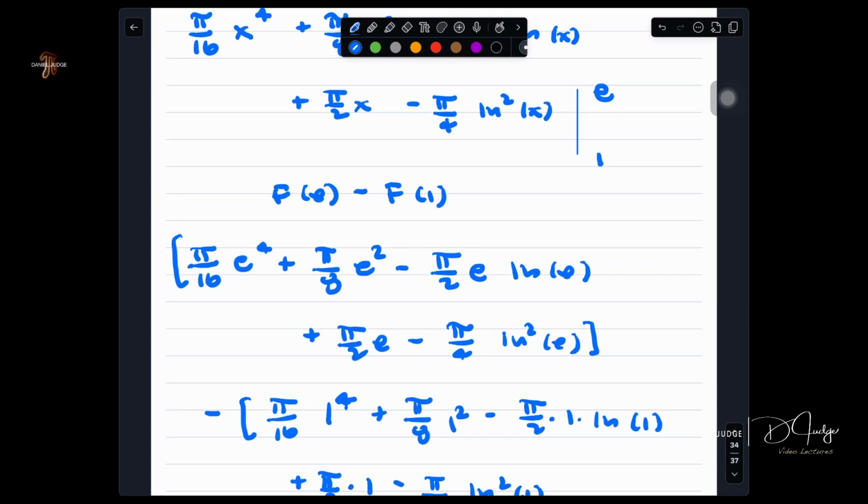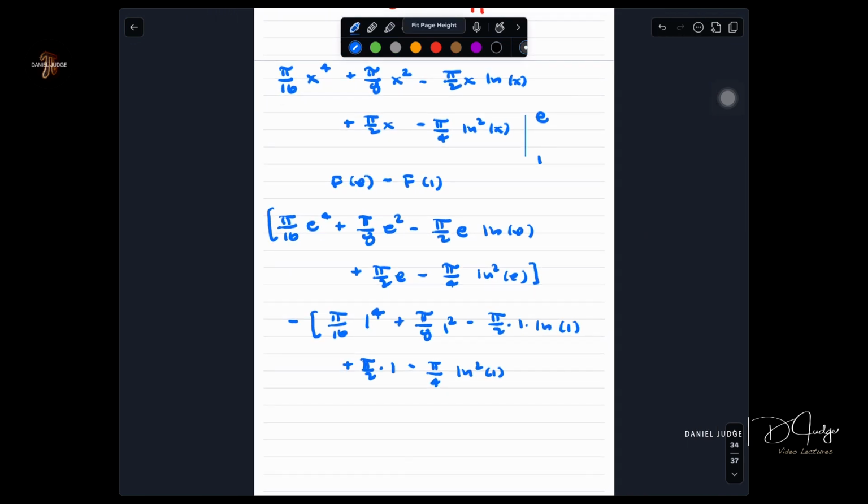All right, let's double check here because we're going back and forth. Pi over 16, 1 to the 4th, plus pi over 8, 1 squared, minus pi over 2, 1, natural log 1, plus pi over 2 times 1, minus pi over 4, natural log 1 squared.